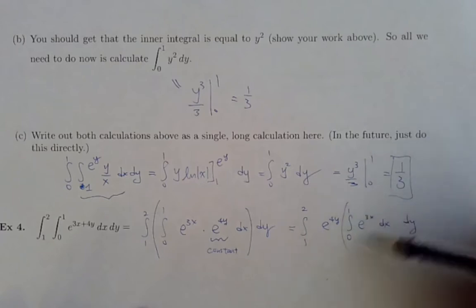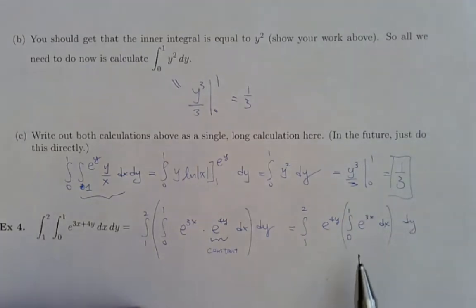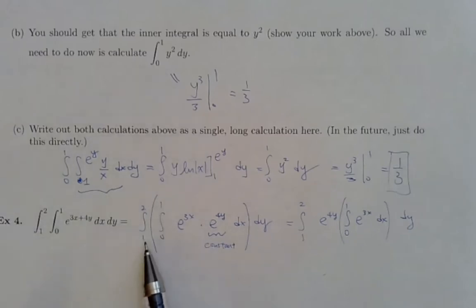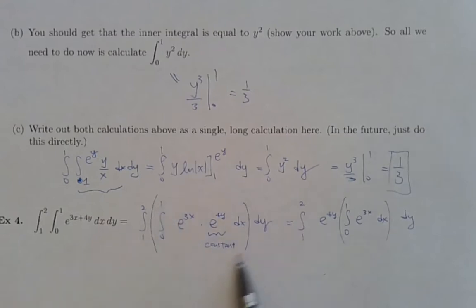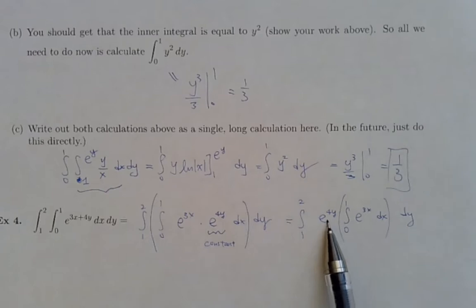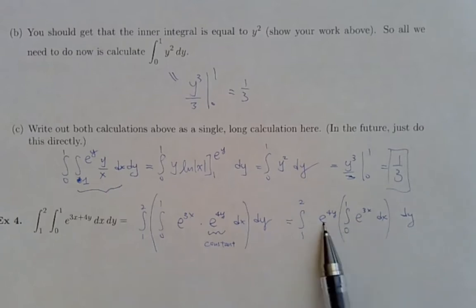Right here I have an integral, and I've pulled the e to the 4y outside. So ignore the integral from 1 to 2 of dy. That's just on the outside. If you had seen this integral in Calc 1 or Calc 2, and then you have a constant here, like e to the 4 pi, let's say, you would have pulled it out, e to the 4 pi in front. So you get to do that.